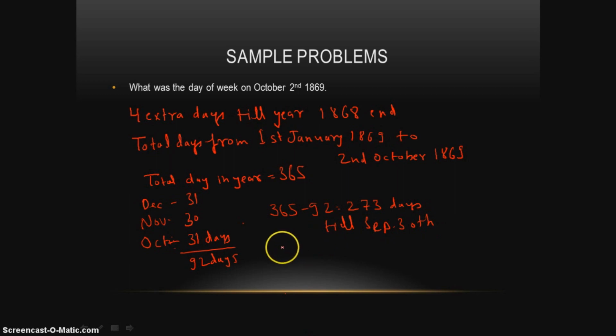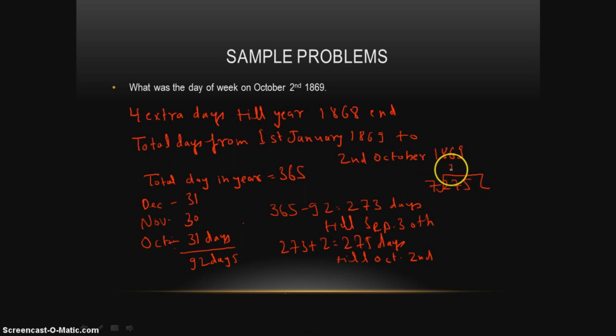And 1st of October and 2nd of October, that is 2 days in October, so I have 273 plus 2 equal to 275 days till October 2nd. Now once again let me roll over 275 and see what I get.